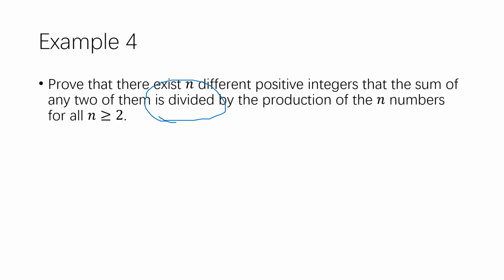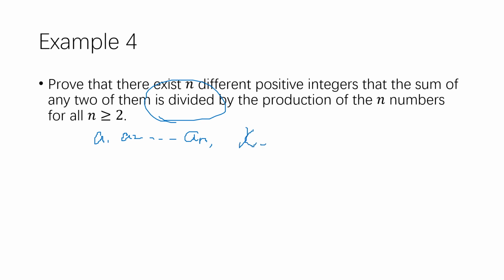Good. Let's take these n different positive integers a1, a2 to an. So, we choose a positive integer k, which is uncertain here.